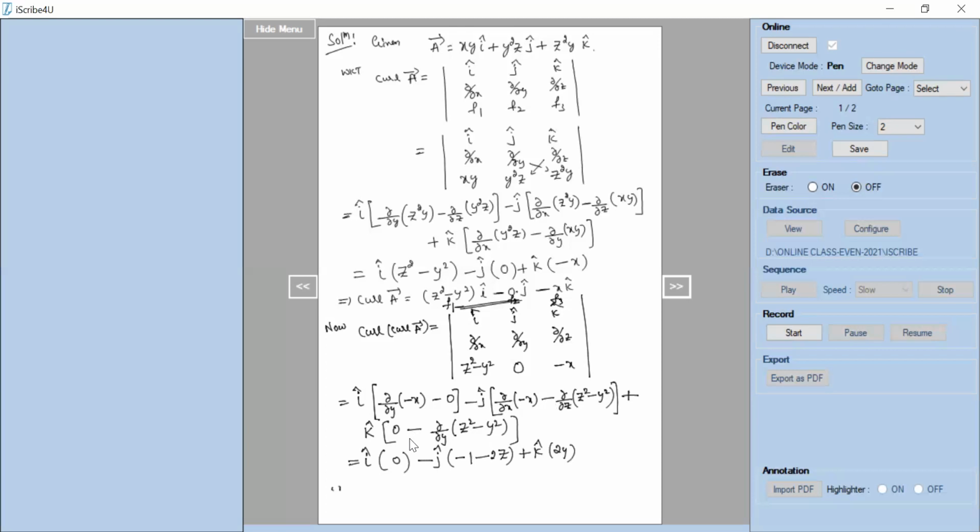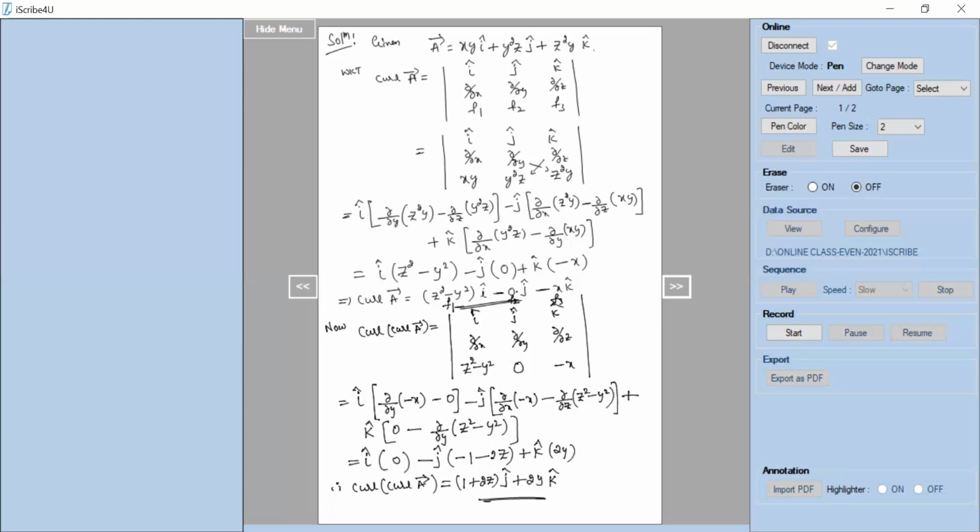So therefore, we get curl of curl A is nothing but, there is no i term, so I can take minus common and multiply with this: it is minus (1 plus 2z) j hat plus 2y k hat.